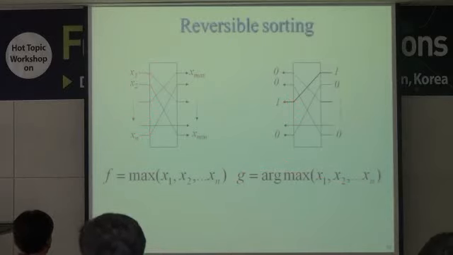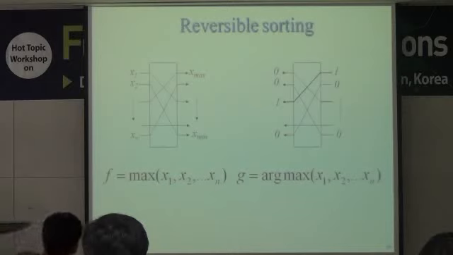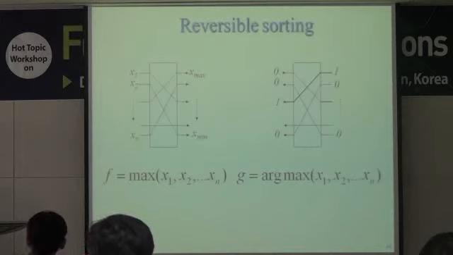It seems very useful to have a network which can find the argument maximum in two steps, because for the von Neumann architecture, finding the argument maximum is a time-consuming program.